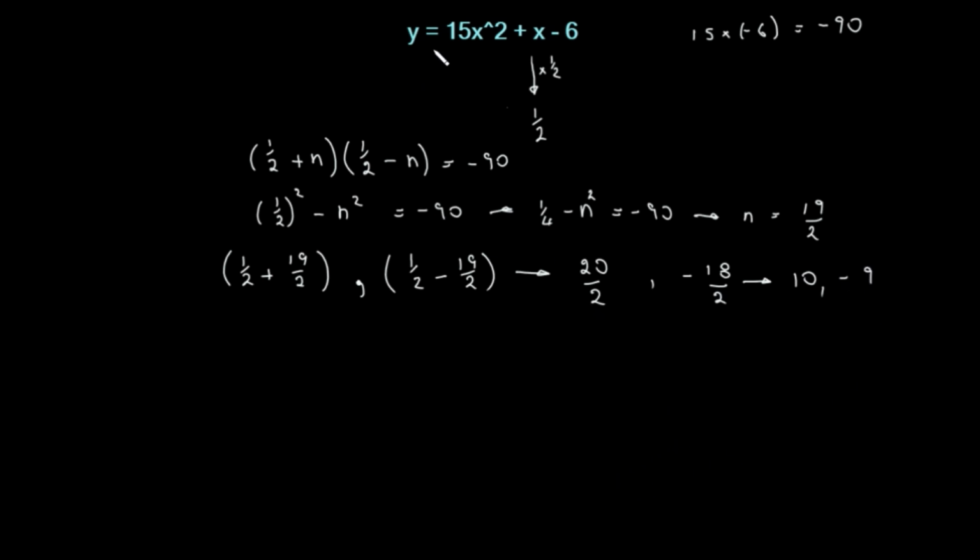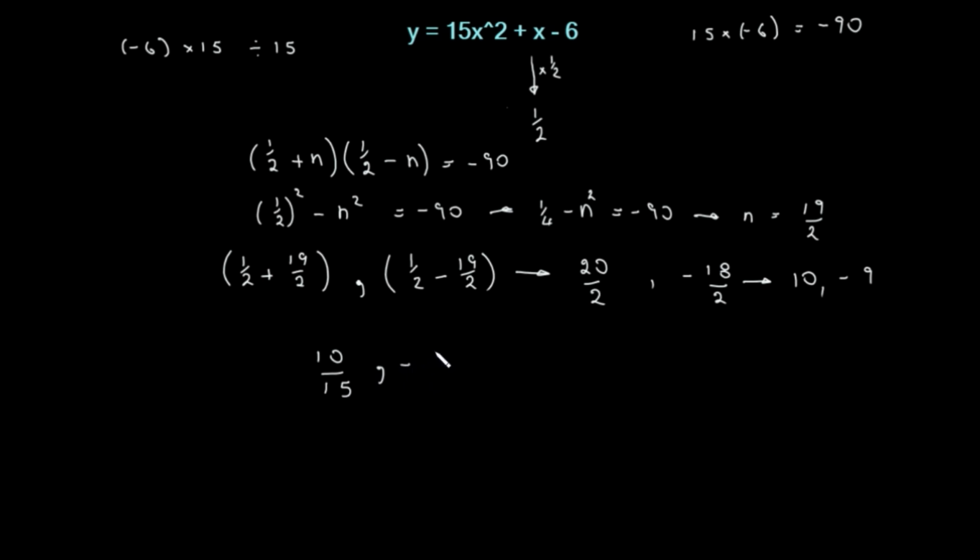Now we have multiplied that minus 6, there's the minus 6, by 15. Now we do the correction at this point. Divide by 15. So we end up with 10 divided by 15. That's one number.